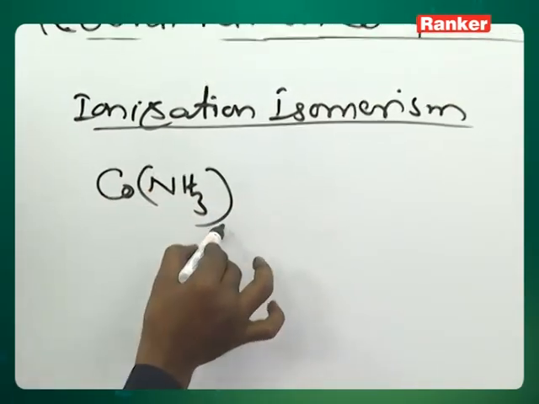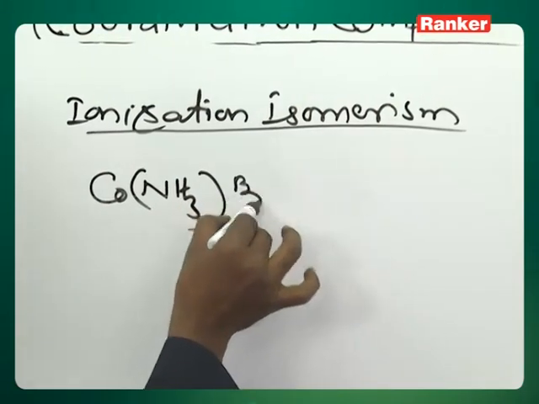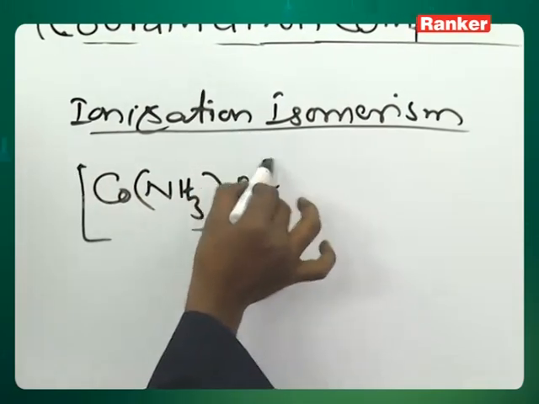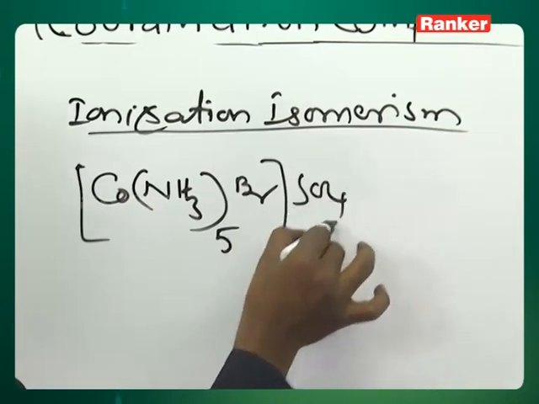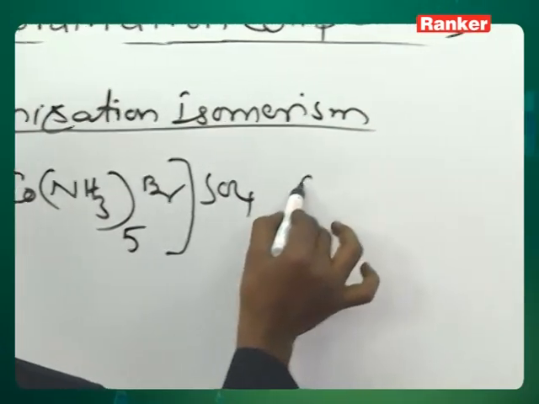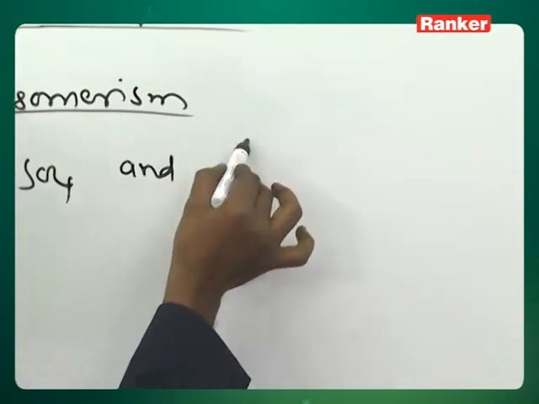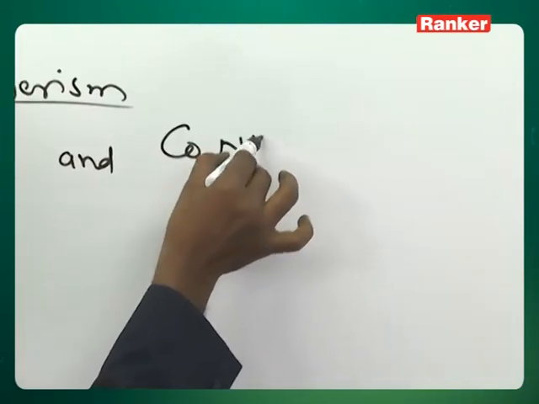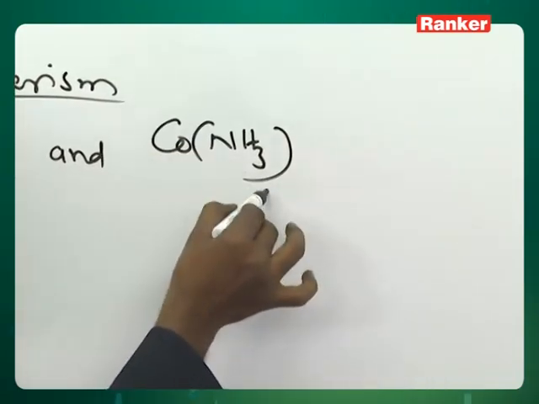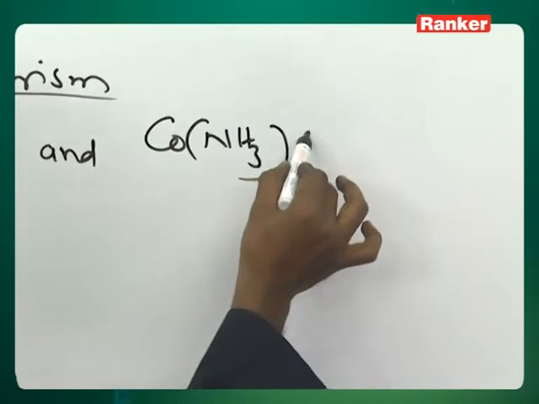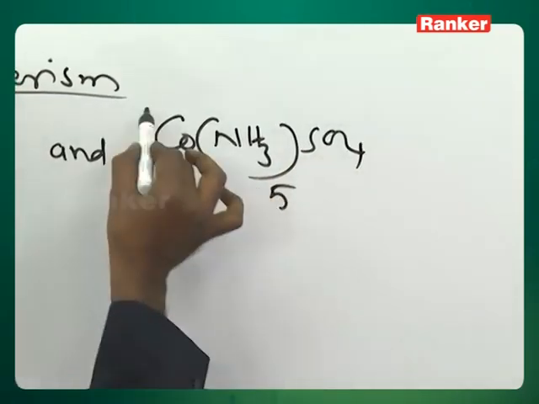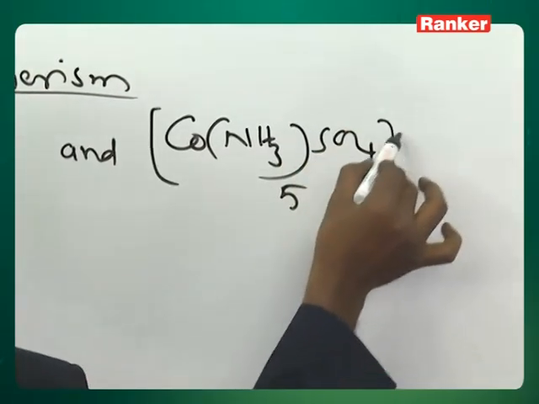Co(NH3)5Br SO4, and you take Co(NH3)5 SO4 Br.